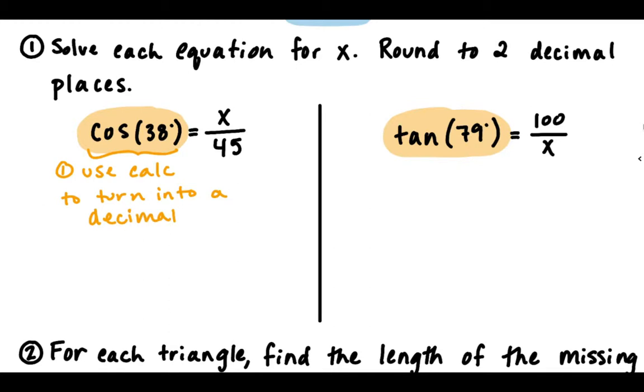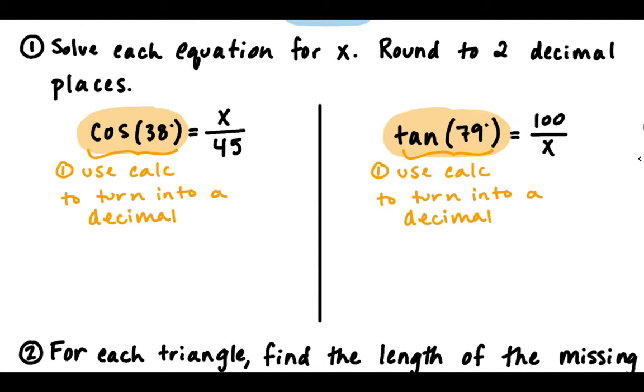And that's the same for the other side, so I'm just going to copy and paste that over there. And remember, to do that on your calculator, you're going to punch in 38 and then hit the cosine button. Punch in 79, then hit the tan button.